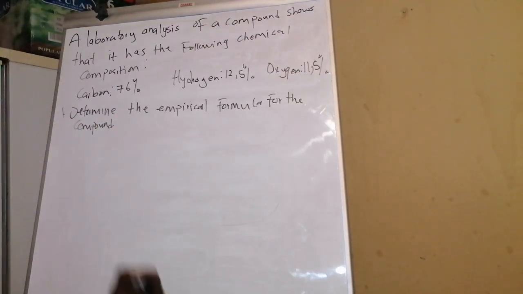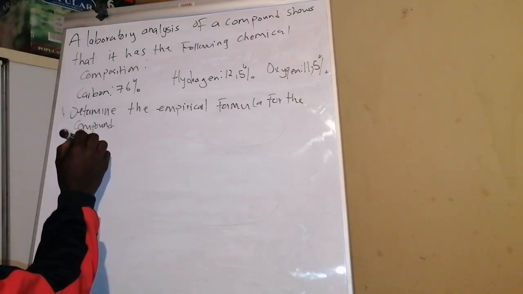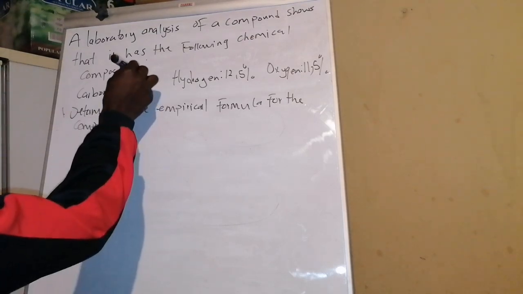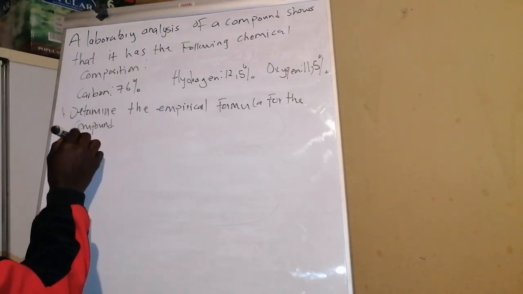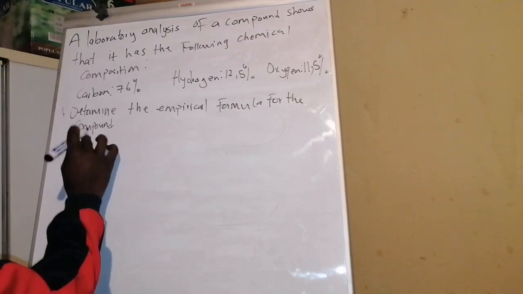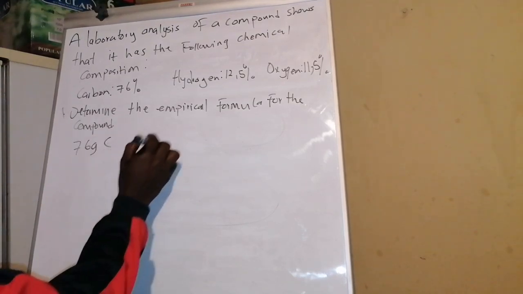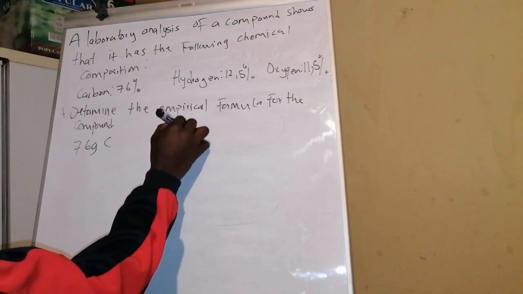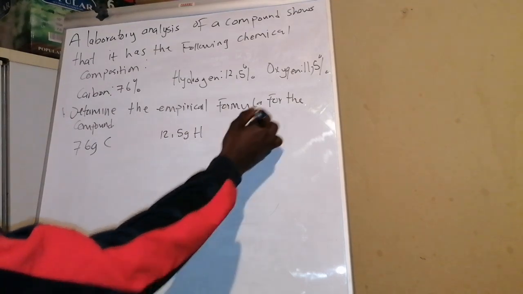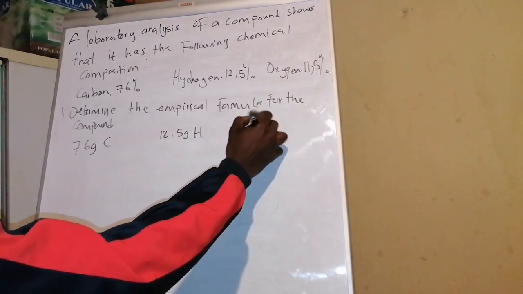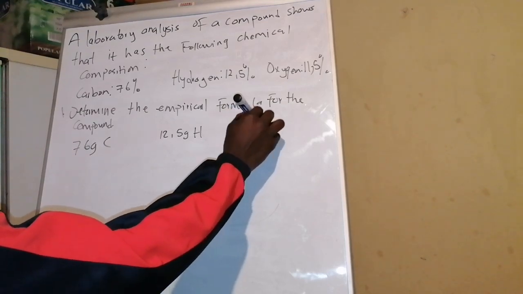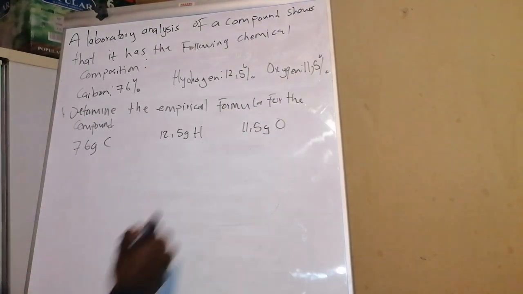Now the most important thing, the first thing for you to do, you need to remove that percentage symbol by replacing it with what? The gram. Now here we have 12.5 gram hydrogen, and 11.5 gram oxygen.